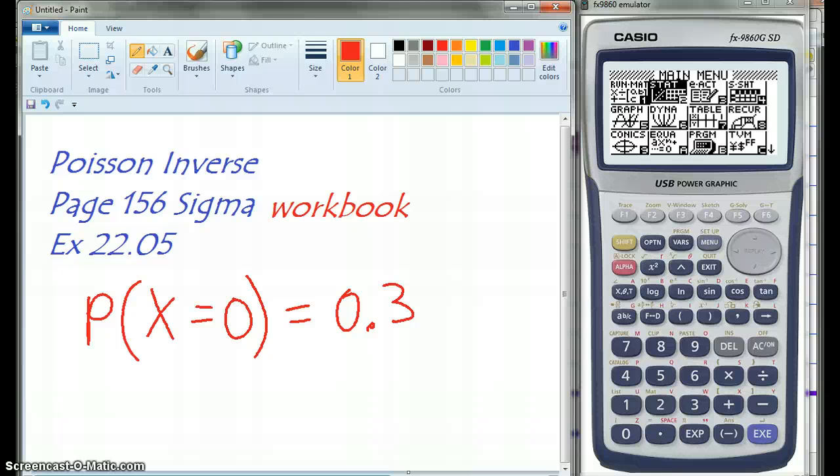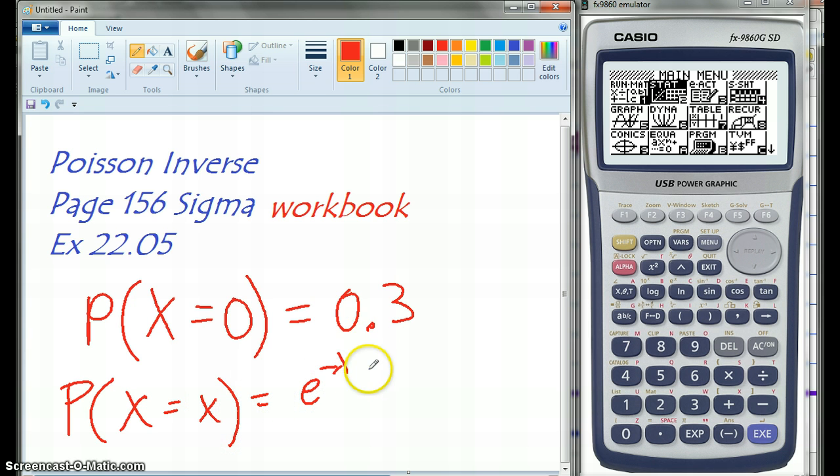So this is where your calculator cannot help you quite the same way. You go back to the original formula, which is on your formula sheet, about the Poisson distribution, where the probability of x being equal to x equals e to the negative lambda, lambda to the power of x over x factorial.